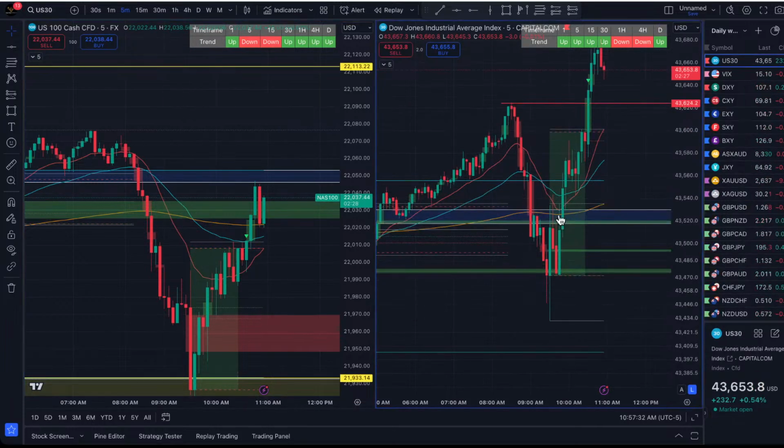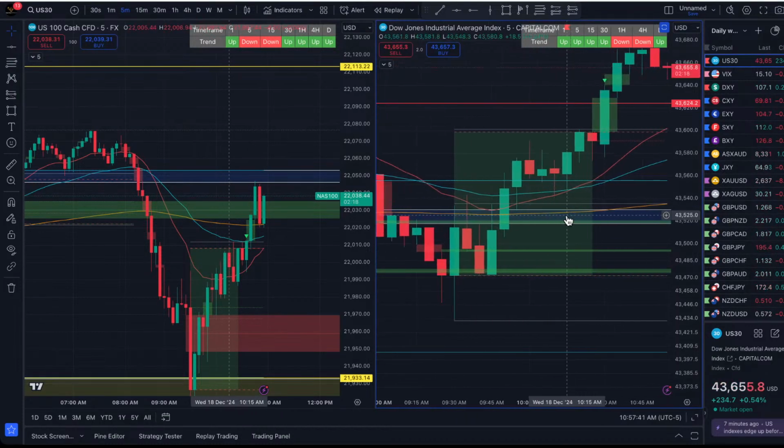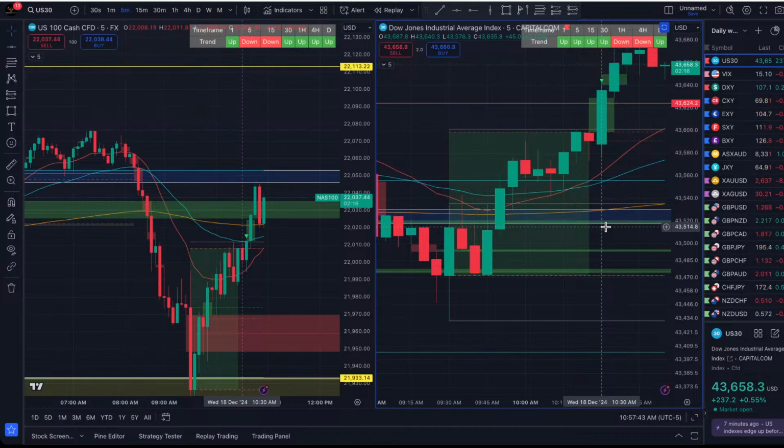For example, look at this entry. This would have been the only entry we would have taken today. And has the market gone below that? Right off the blue zone. That's our entry. Market never came back down below that.